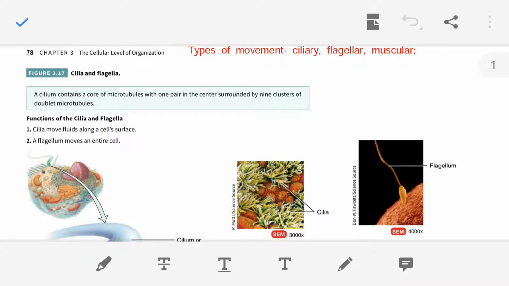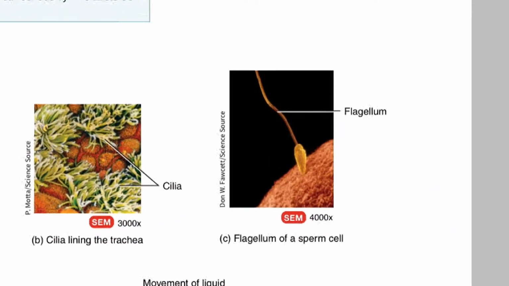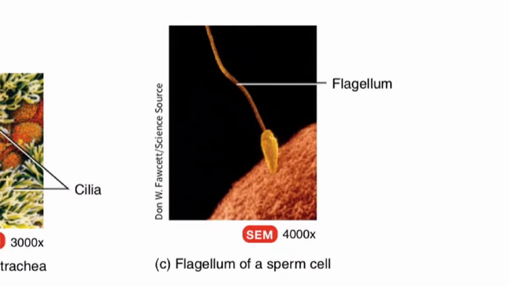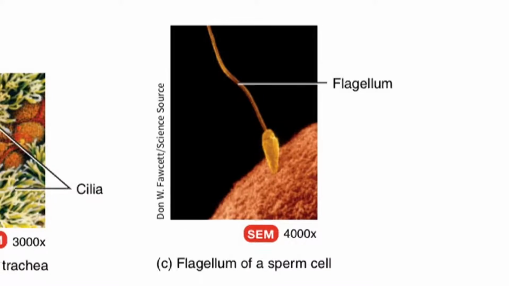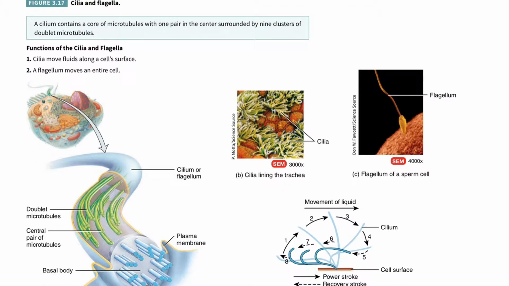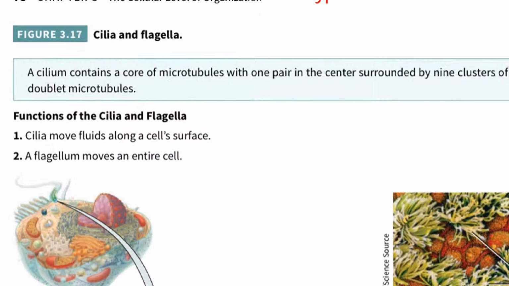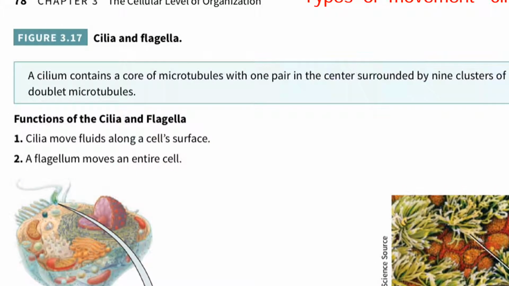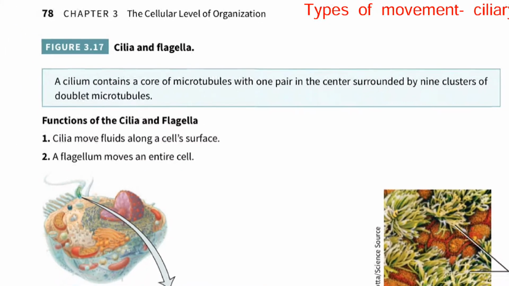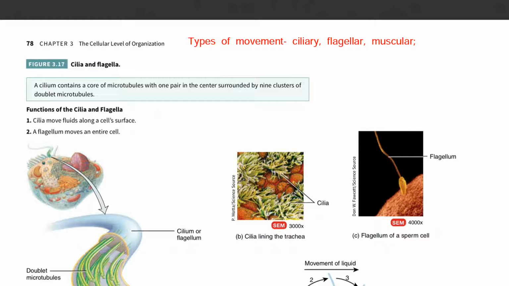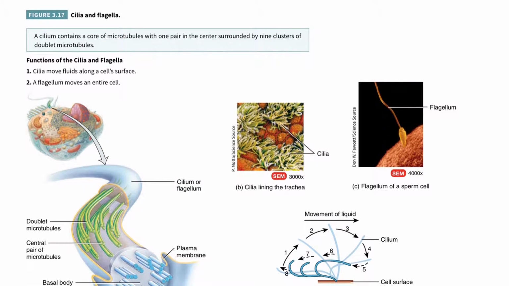Now here in this figure, see, a sperm cell is shown, and as you can see in the figure, the sperm cell has a flagellum. Now the structure of cilia and flagella are the same. In our previous lecture we had observed this figure.